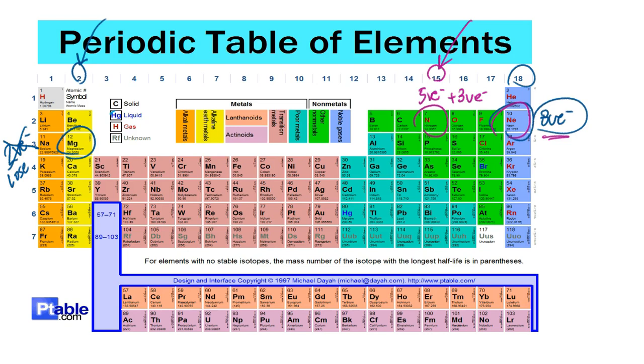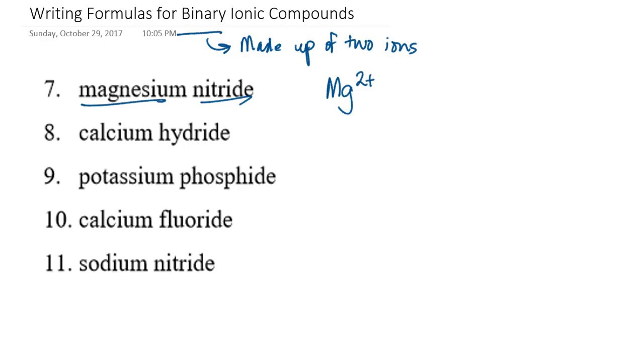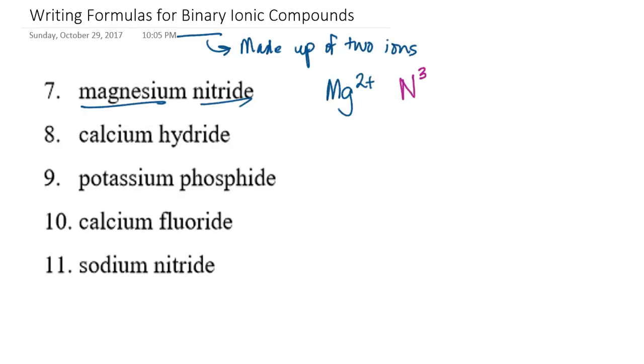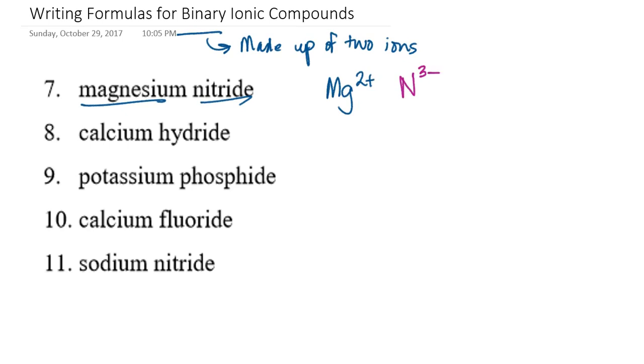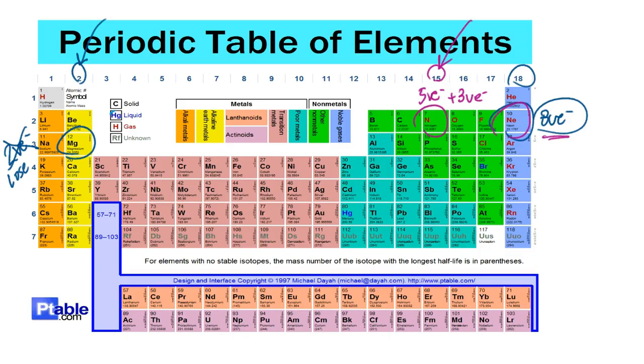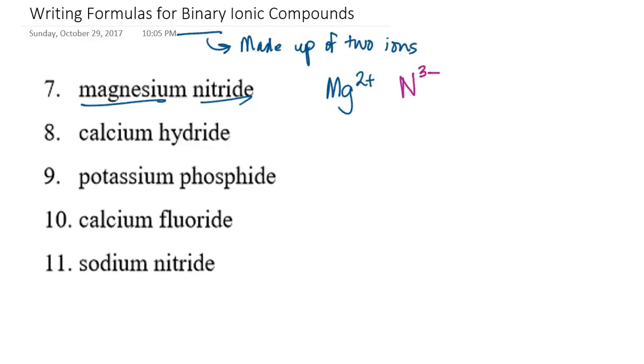Since it's gaining electrons and electrons are negatively charged, nitrogen will actually form a negative ion, or an anion. So if I take that over to my workspace, the formula for the nitride ion is N for nitrogen, and then a charge of 3 minus. Okay, since again it has to gain 3 electrons.